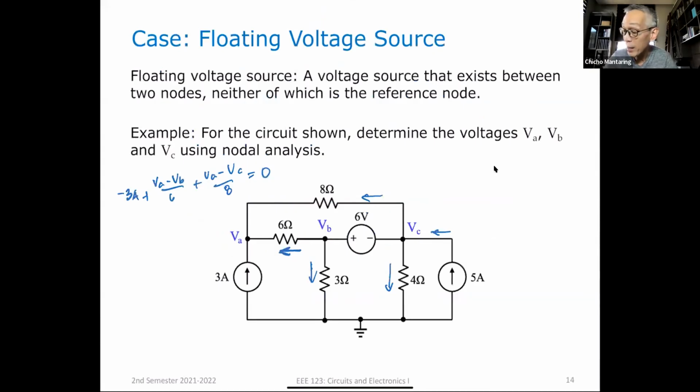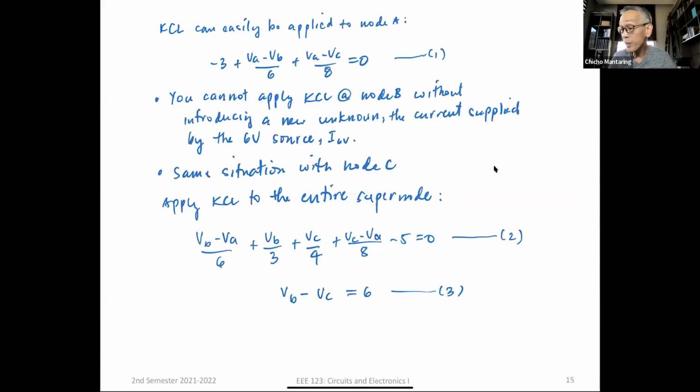Take note of the polarity. Since this is plus to minus, then it has to be VB minus VC. So three equations, three unknowns. This is now just a math problem. We won't go through the solution anymore.